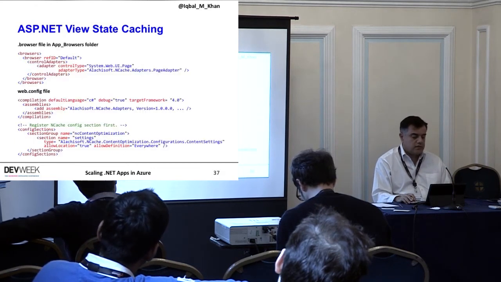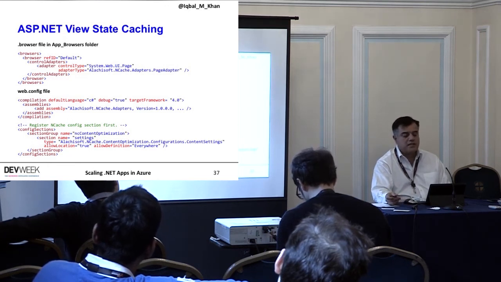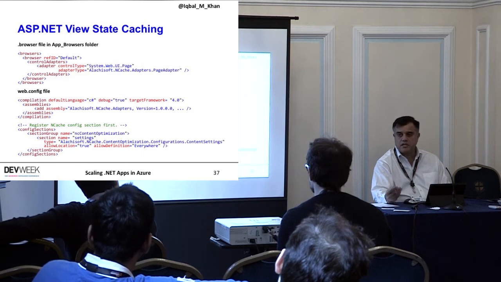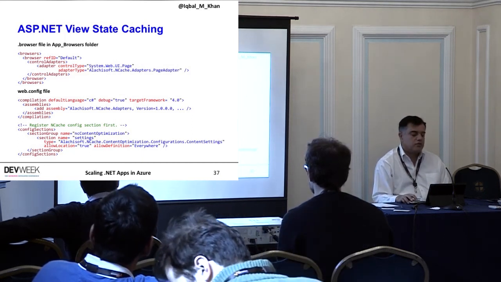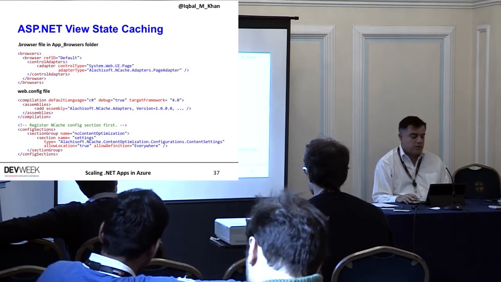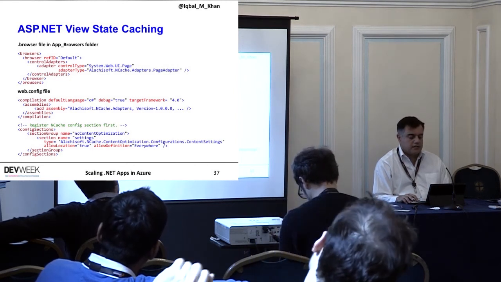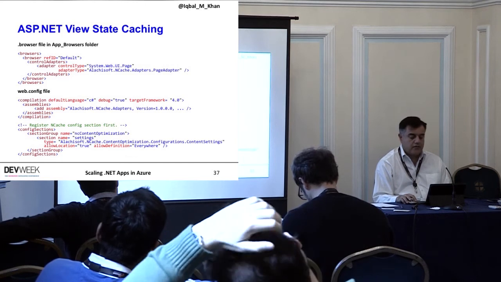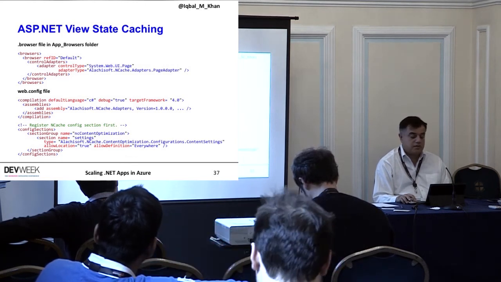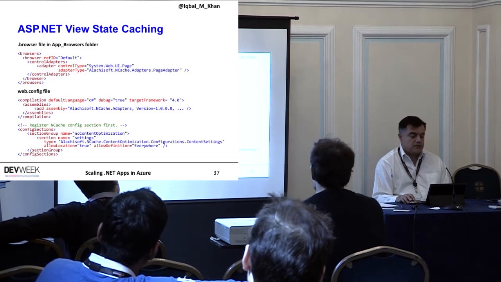And it's also a plugin. Many of the caching vendors who support this do this through a page adapter. So they have a custom page adapter implemented that you just need to plug in. So there's no programming on your part. There's a .browser file that they will give you, which contains this information. They have a custom page adapter implemented, and then you register that in your web.config.